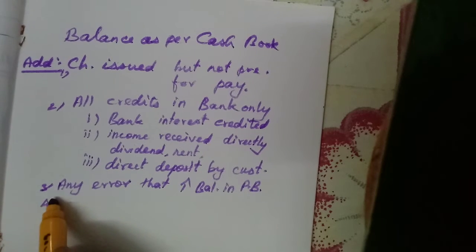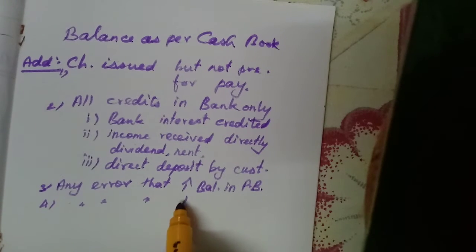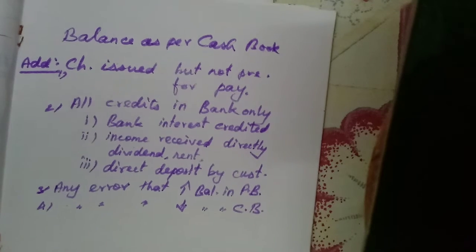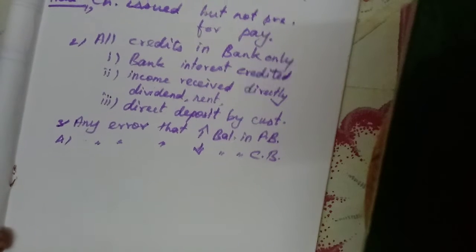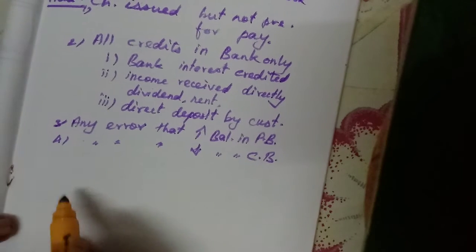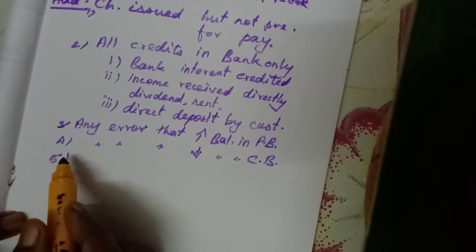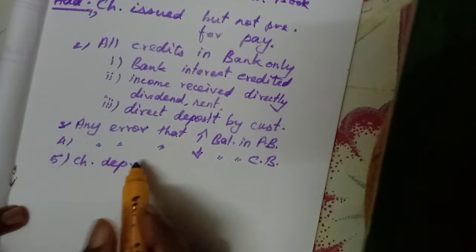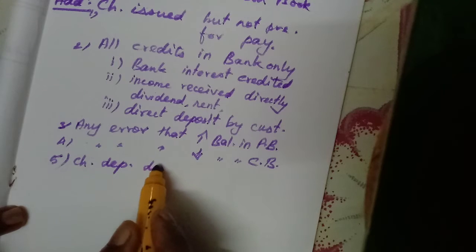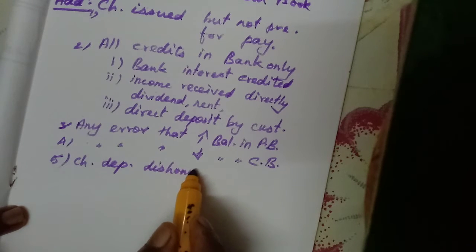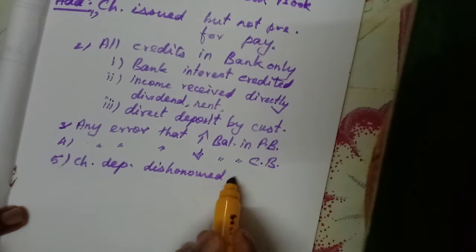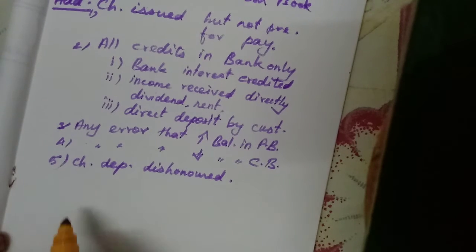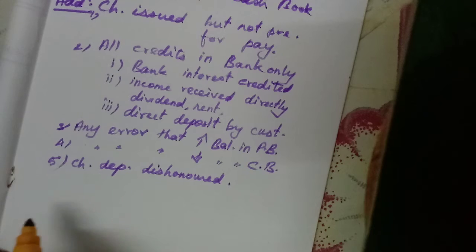Any error that reduces the balance in cash book we need to add. Then one more, any check deposited that is dishonored. Check deposited dishonored.